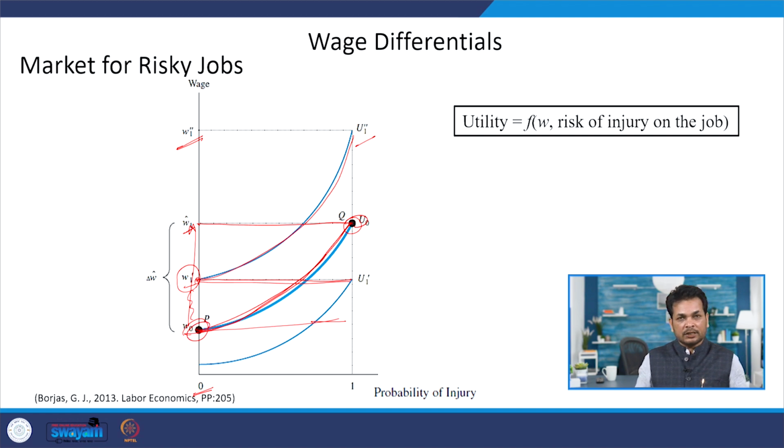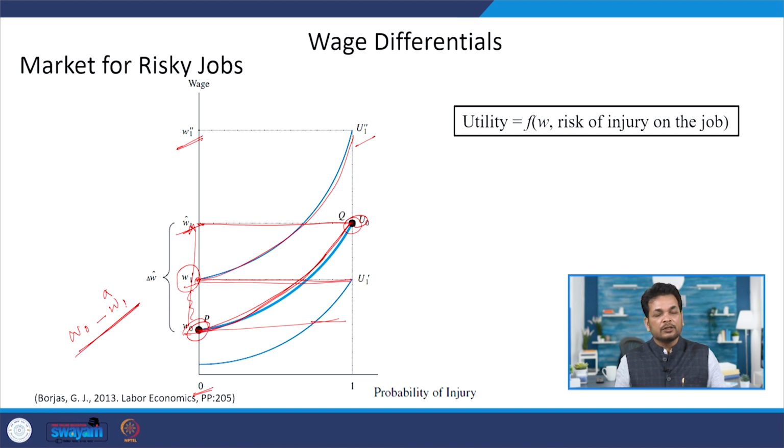So, the wages have to increase up to W hat 1, so that the worker becomes indifferent while choosing between these two job offers. The difference between W0 and W hat 1 is the reservation wage to attract the worker to work in a risk environment.